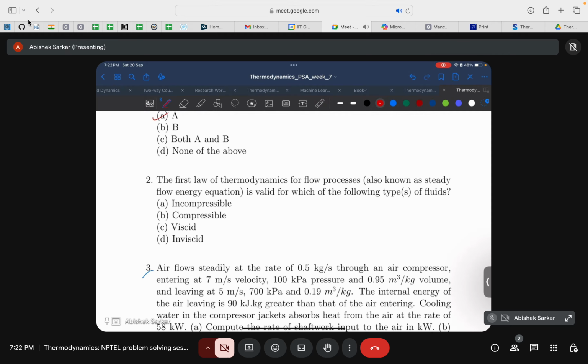Incompressible, compressible, viscid, inviscid. Look into the options and tell me which types of fluids are considered in the steady flow energy equation. I'll give you 2 minutes again to look into the question and try it out.